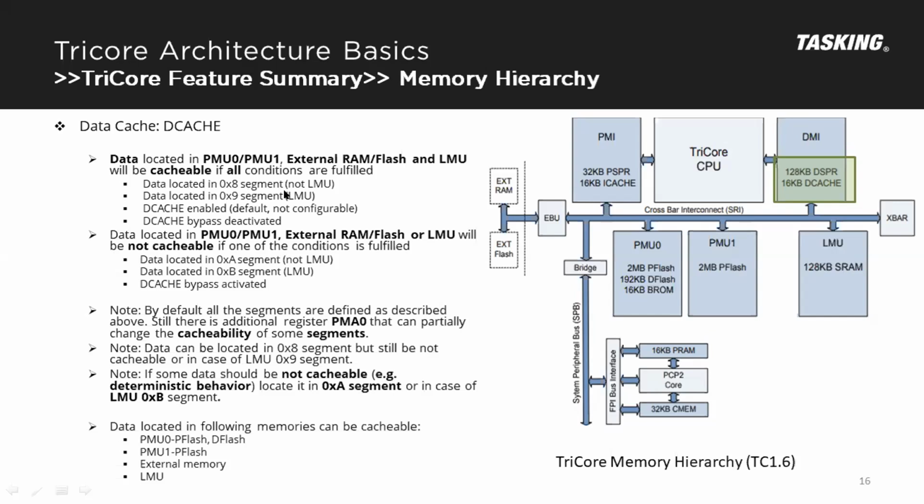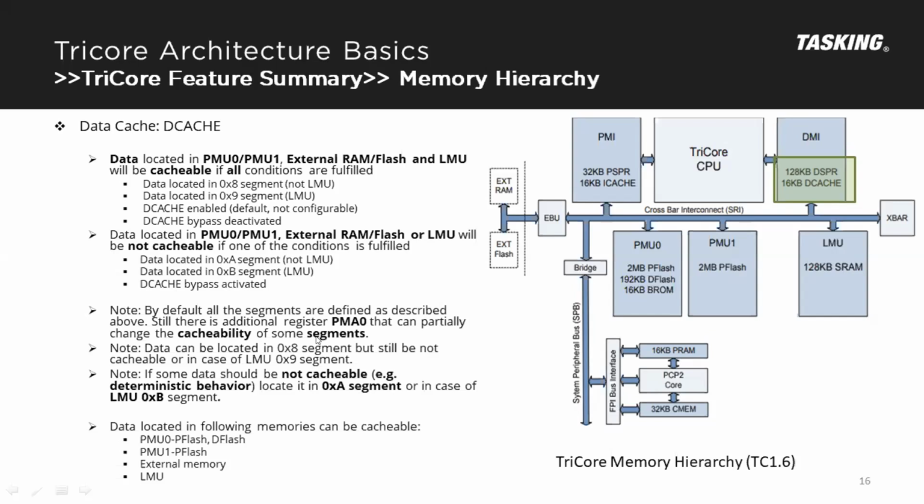Once all these conditions are fulfilled, then the data will be cached inside this data cache. And again, if you want your data not to be cached, you have to put the data in the 0x8A segment if there is no LMU, or in the 0xB segment if there is LMU, and make sure that the cache bypass is activated. So in this case, the data will not be cached.